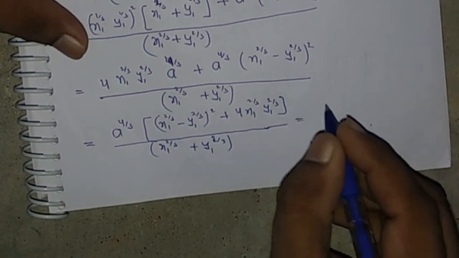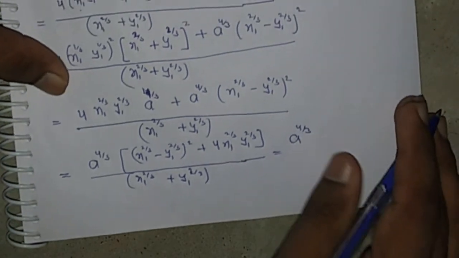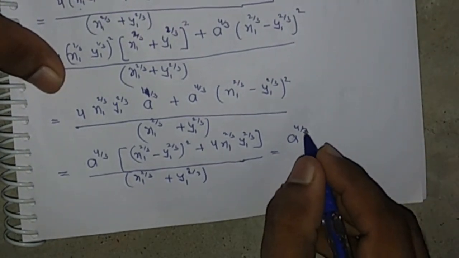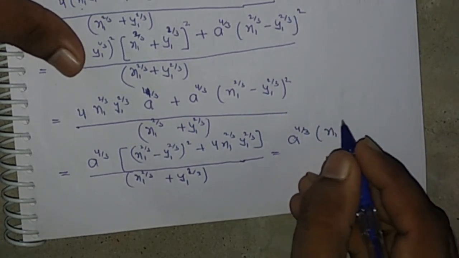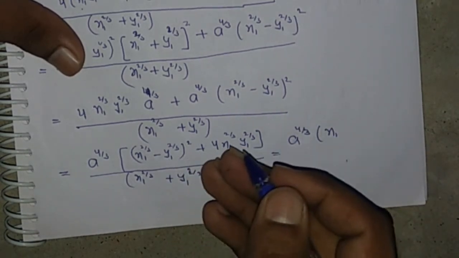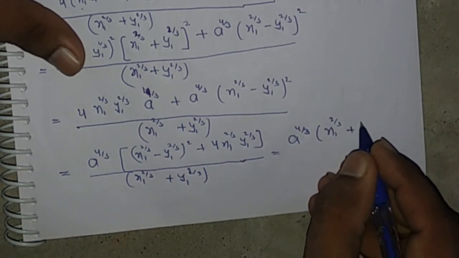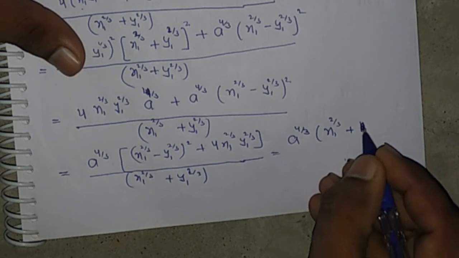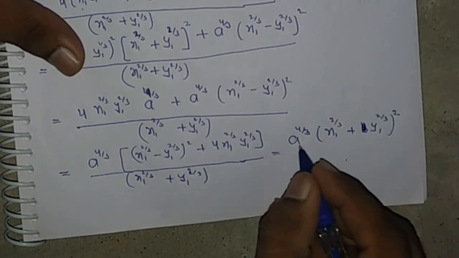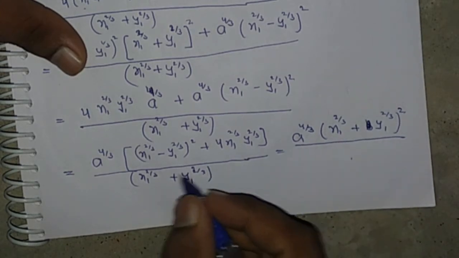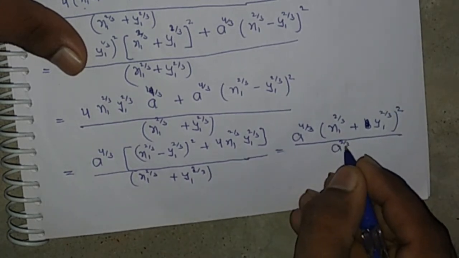It is equal to a to the power 4/3, and the value of this term, a minus b whole square plus 4ab, is equal to a plus b whole square. The value of this term is also a to the power 2/3.